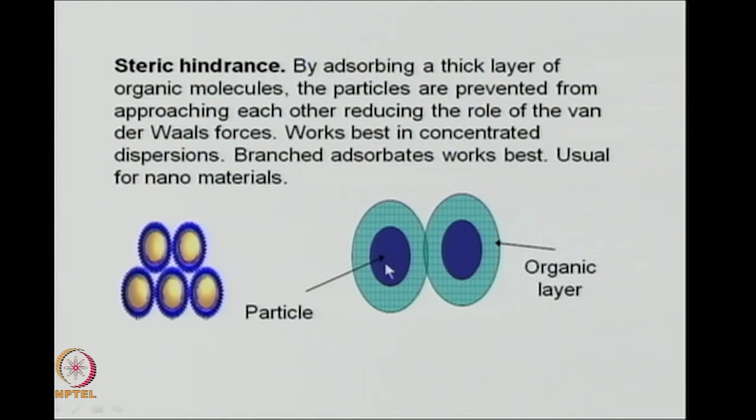If you have a nanoparticle and you want to keep them separate, not coalescing with each other, then you coat each nanoparticle with some organic molecule or surfactant molecules, and then they form a shell kind of thing, and they keep these two particles apart. So, sterically you are keeping the particles apart. You can use either charge to keep particles apart, or you can use these kinds of organic layers to keep the particles apart.